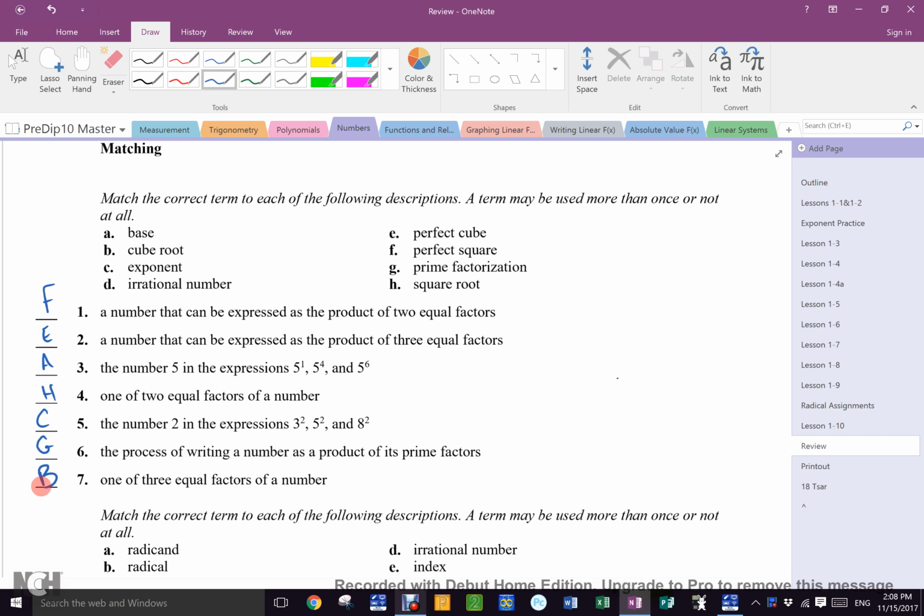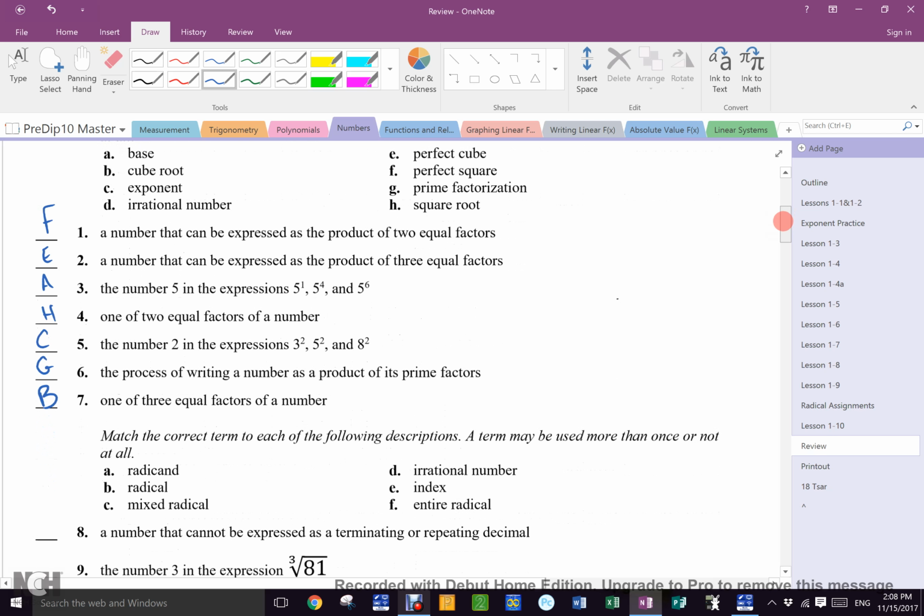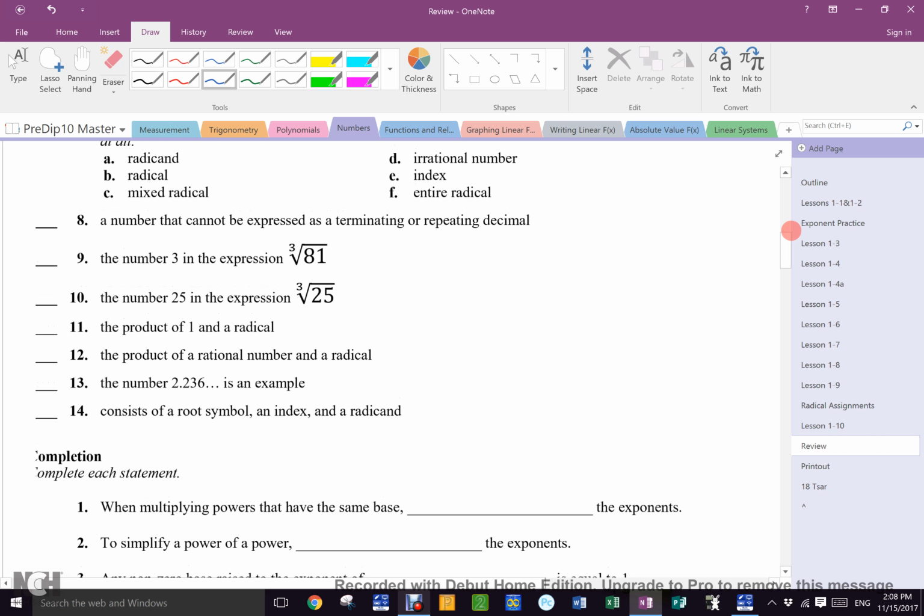Does anybody, and there should be nobody, need any of those explained? Going once. Going twice. Going thrice. Excellent. Next one. D, E, A, F.